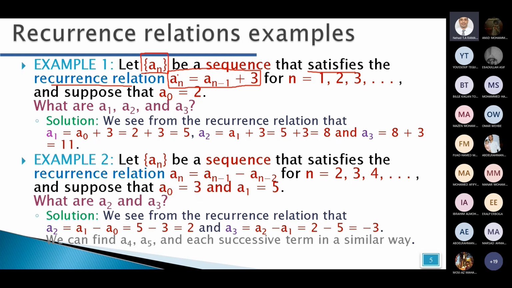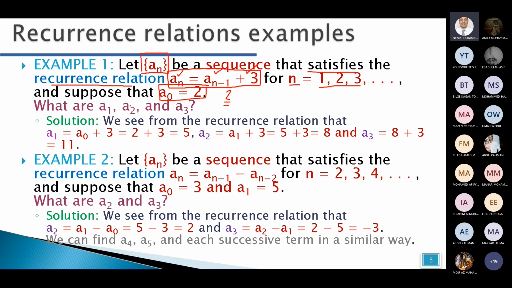This means each term is the previous term plus 3, for all integers n from 1, so 1, 2, 3 and so on. And suppose that a naught equals 2. So the first term is 2, because a naught means the first initial value.